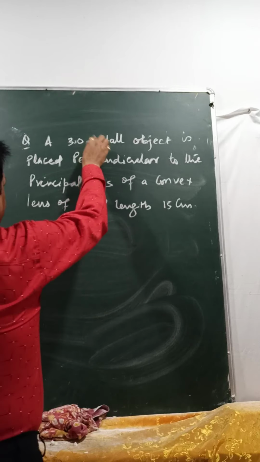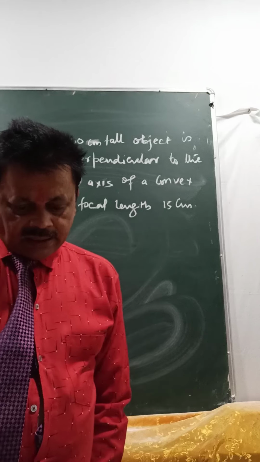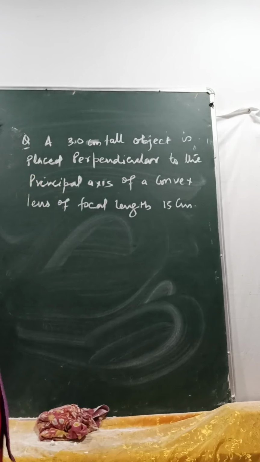Then the distance of the object from the lens is 20 centimeter.